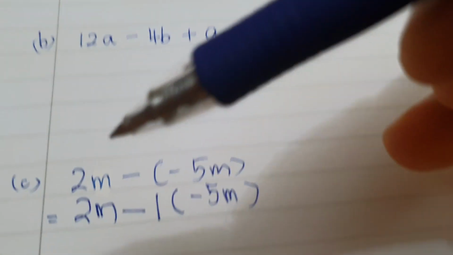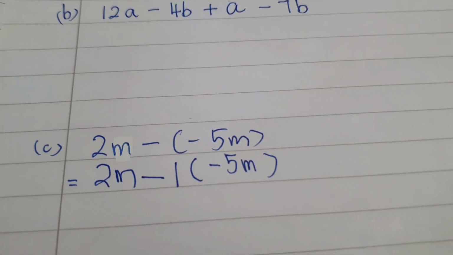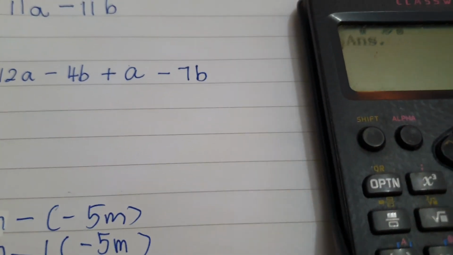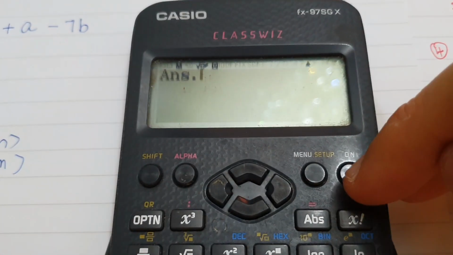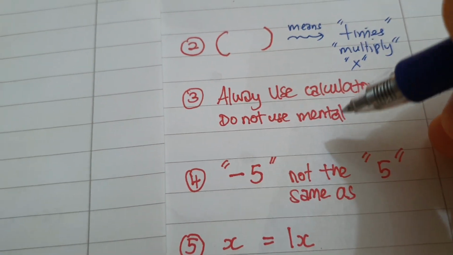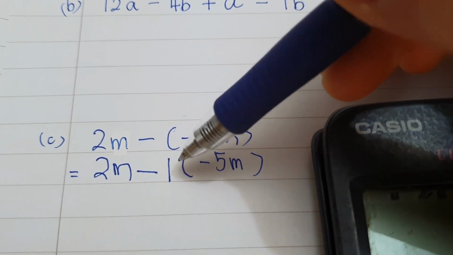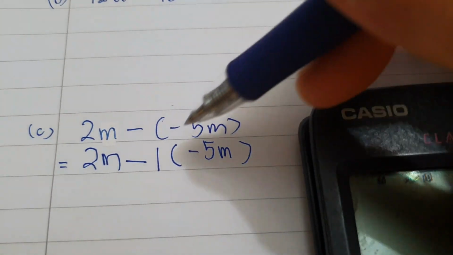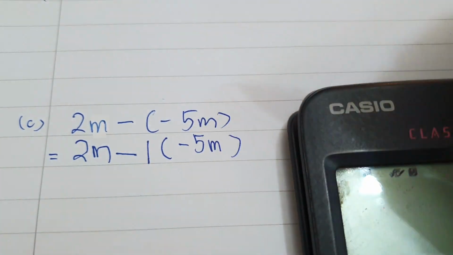So why is this important? Because once you know that there is a minus 1 there, there's nothing for you to mentally calculate. That's what I mean by don't use mental calculation, use the calculator. You simply press minus 1. Then bracket means times, so minus 1 times minus 5.